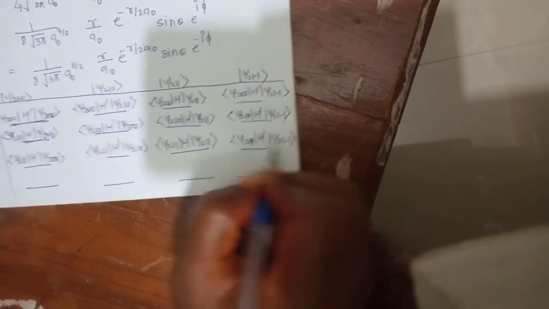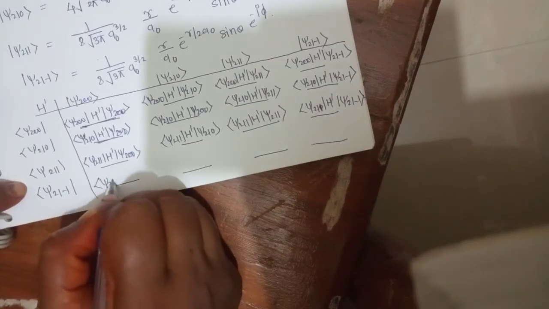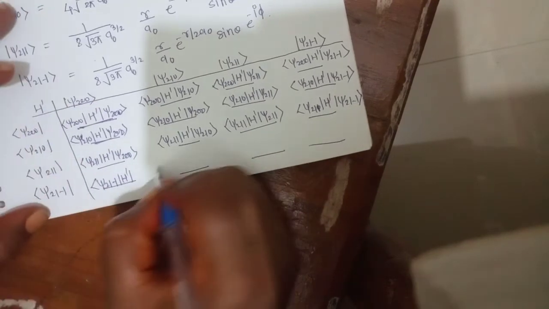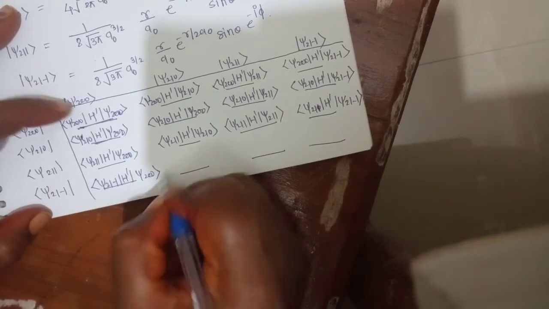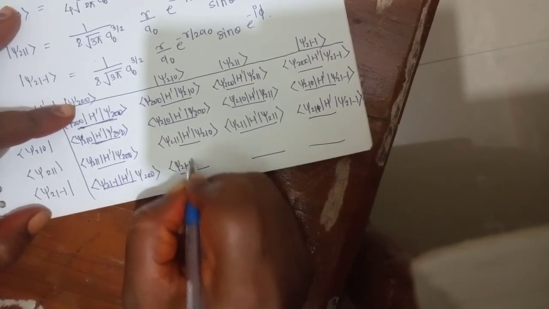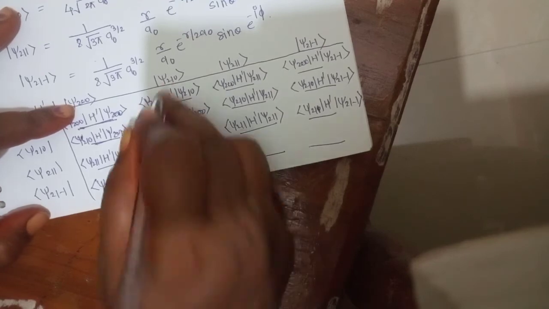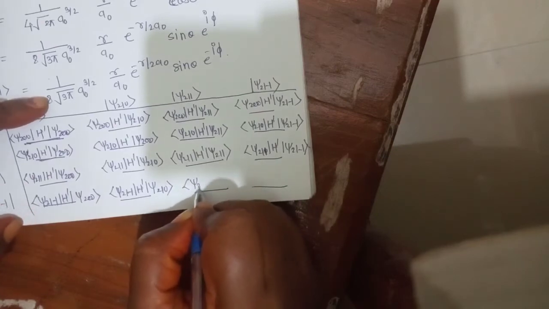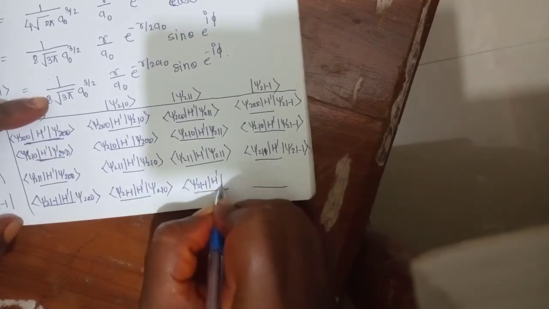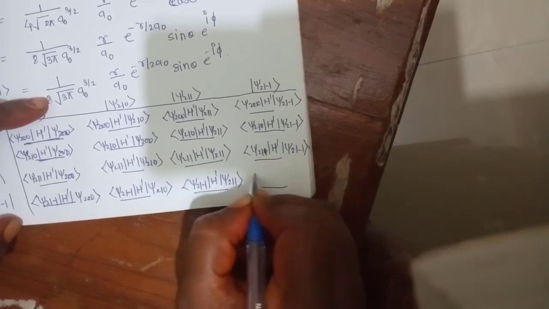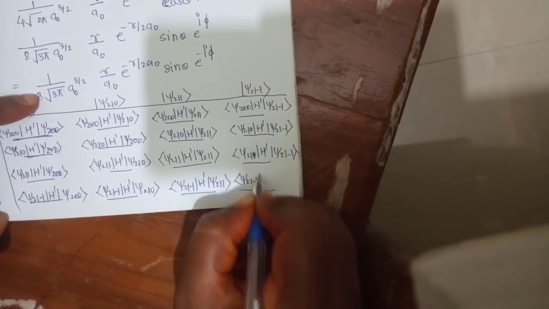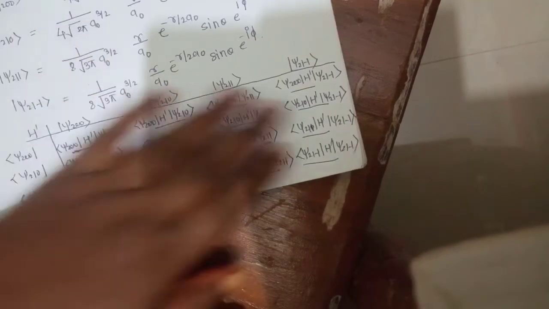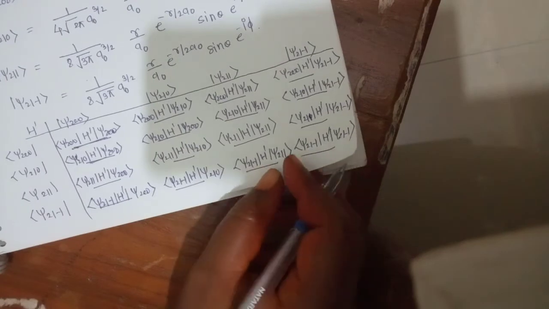Okay, again psi 21 minus 1 H prime, fourth row, first column, psi 200, psi 21 minus 1 H prime, psi 210, again psi 21 minus 1 H prime, psi 211, again psi 21 minus 1 H prime, psi 21 minus 1. Okay, this is the 4 by 4 matrix.